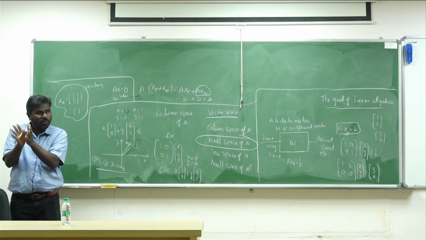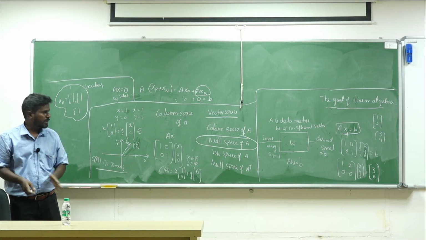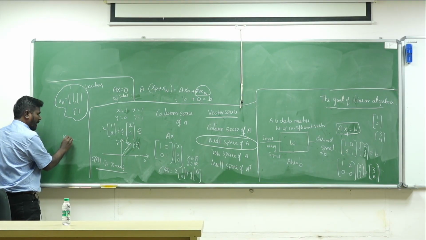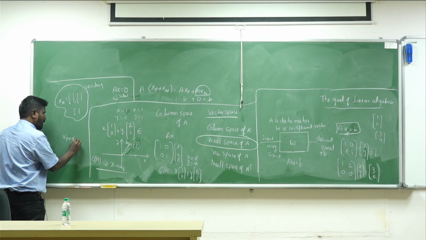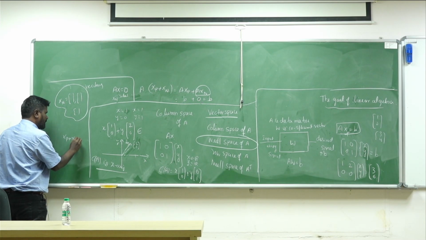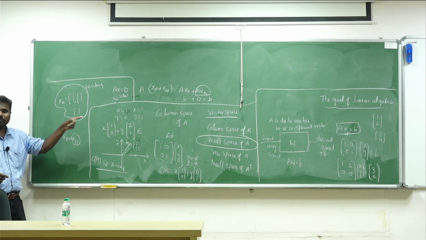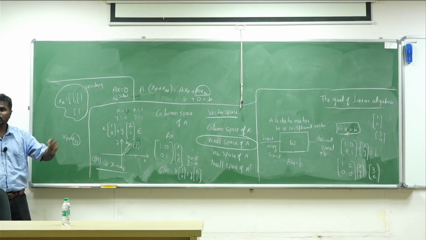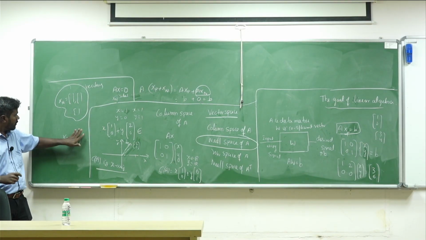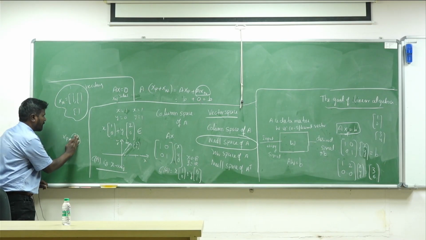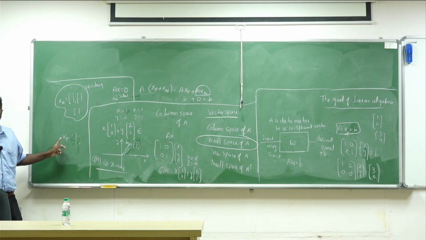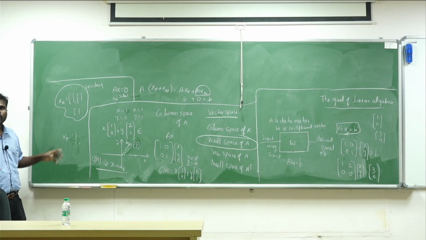So Xp is not the only solution. Because of this, the system of equations will have infinite solutions. If this is not there, and the solution exists because B is coming from the column space of A, you will have only one, unique solution.